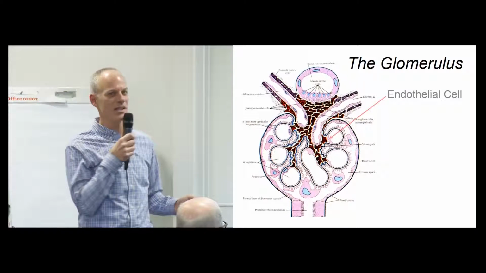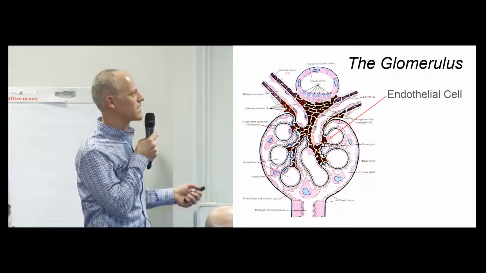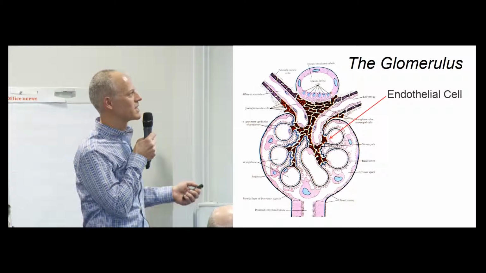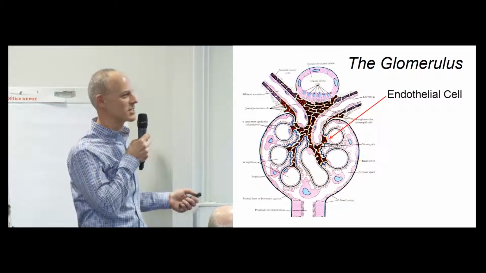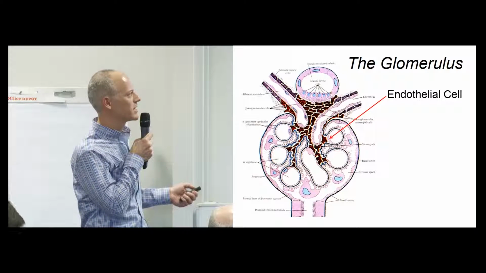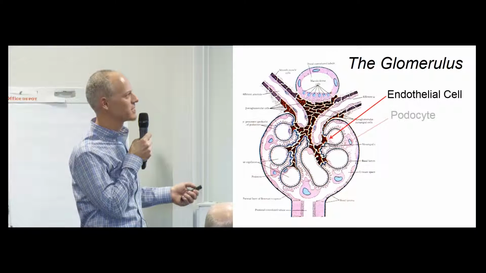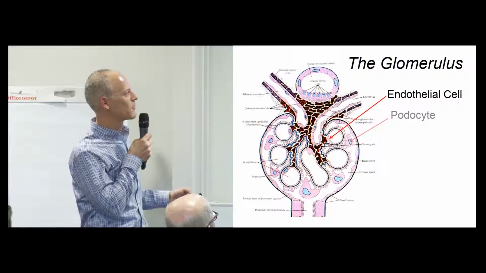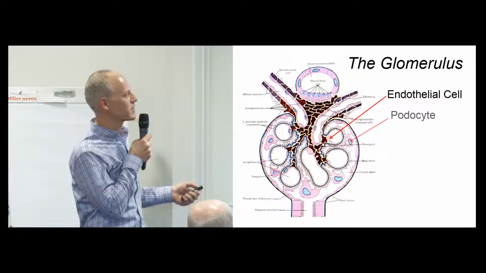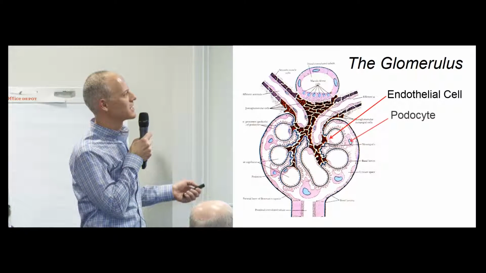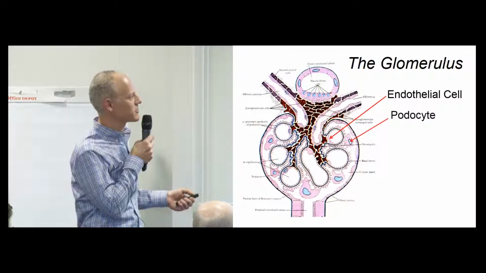Like all blood vessels, the glomerular capillaries are lined by endothelial cells, but the glomerular endothelial cells are specialized because they have little windows or fenestrations that allow the plasma flowing through the bloodstream to come into close contact with the glomerular basement membrane, which is this ribbon-like structure here.